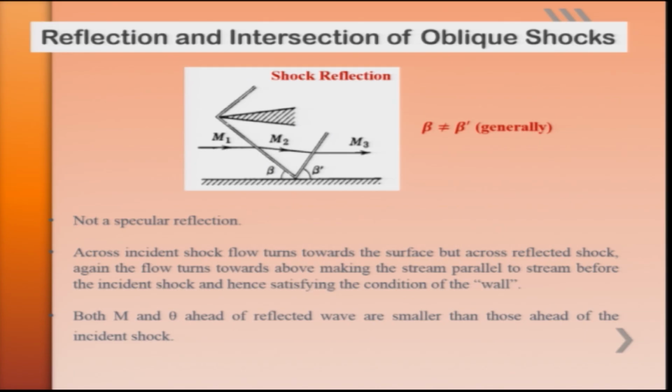Please note it down, in this kind of figure where there are two real surfaces, a real surface at the bottom, let us say a bottom flat plate is here, whereas there is a cowl generated oblique shock wave. Now this shock wave which is incident upon the bottom flat plate is reflected back in the form of this shock wave.